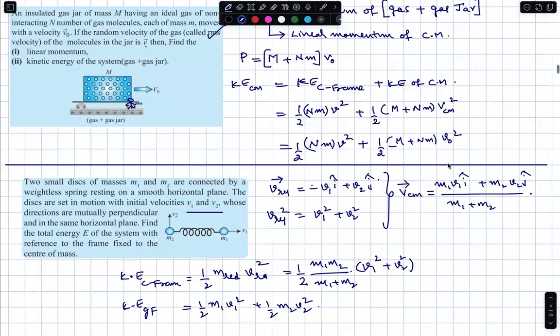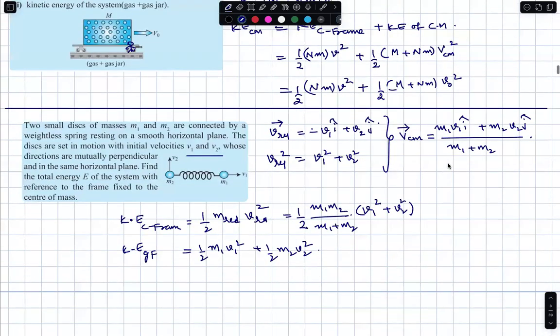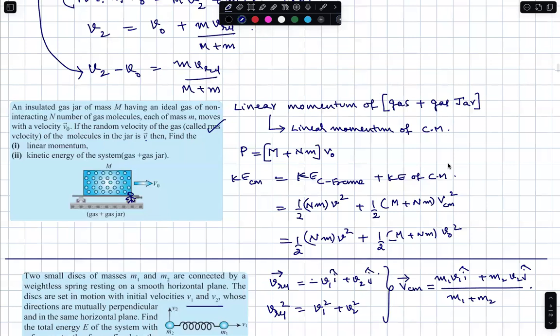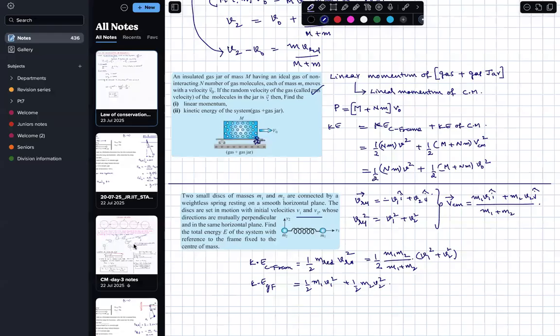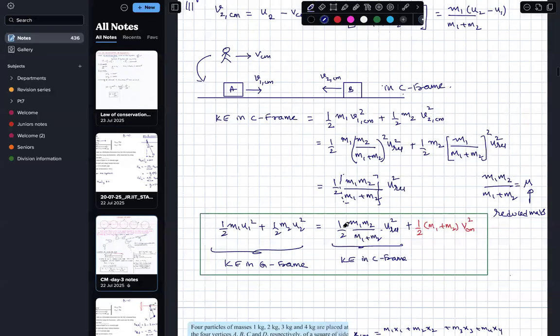Very simple here. See, just now I have given the kinetic energy of the system. In the last week's class, the kinetic energy of the system is given in the C frame like this. And K in the ground frame is K in the C frame plus this conversion factor, half M1 plus M2 VCM square.